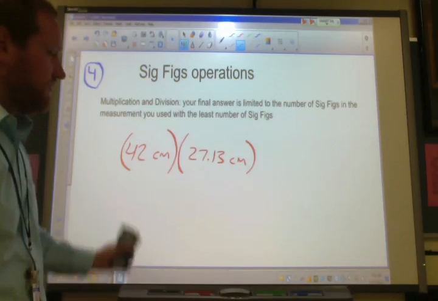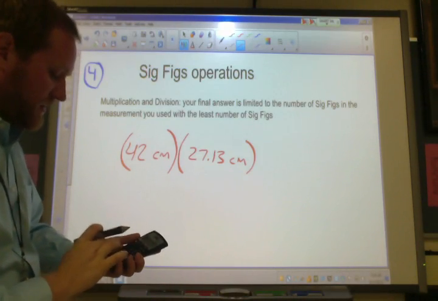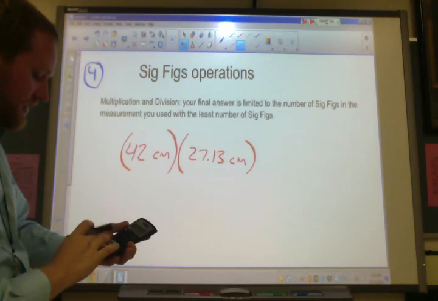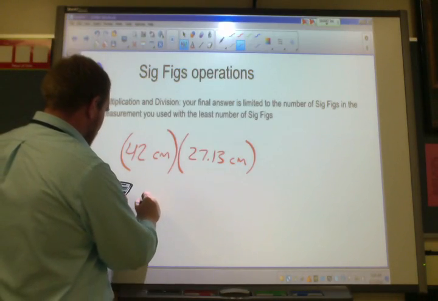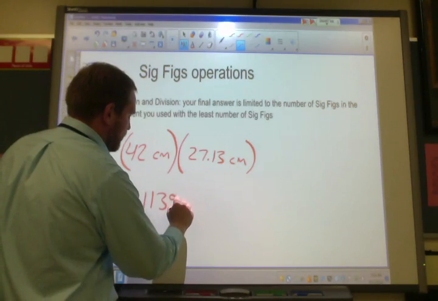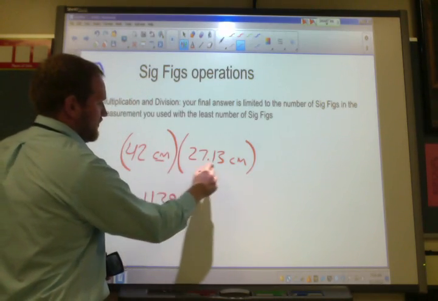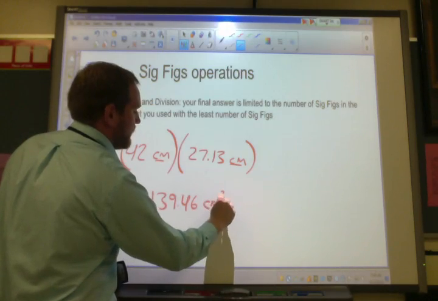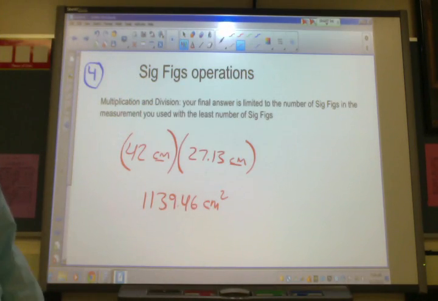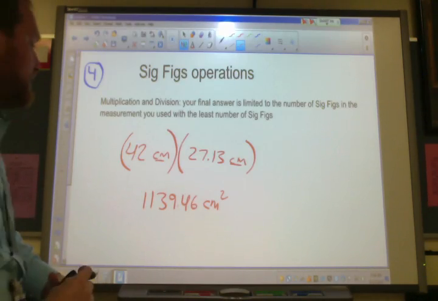Let's find the area, length times width. So we're going to multiply these together. 42 times 27.13 gives me 1139.46. And the unit, centimeter times centimeter, is centimeters squared. In math class, that would be your correct answer, but here in science, we can't report this.